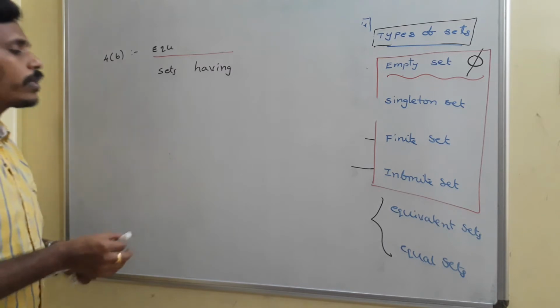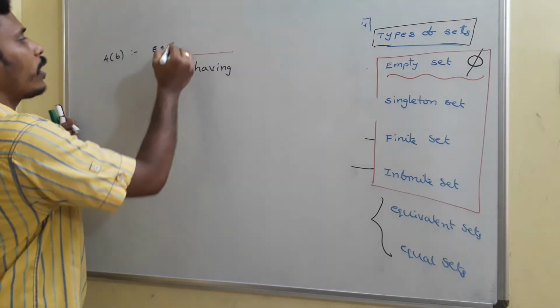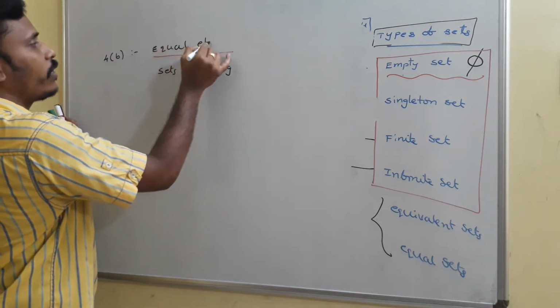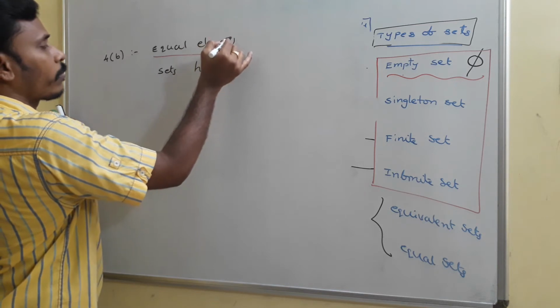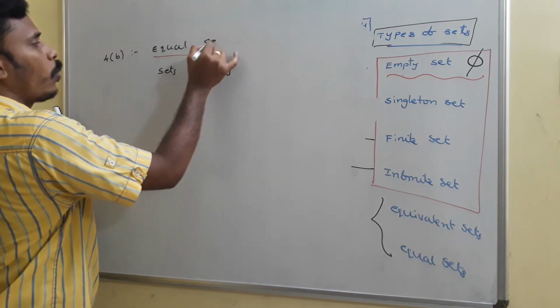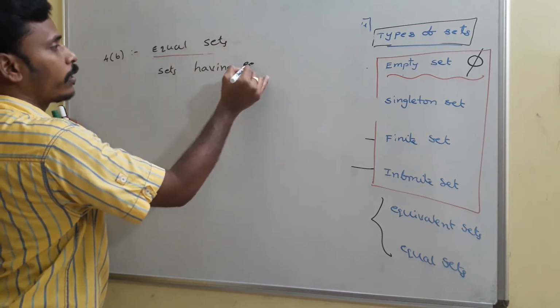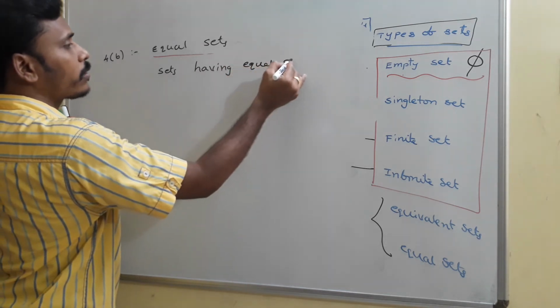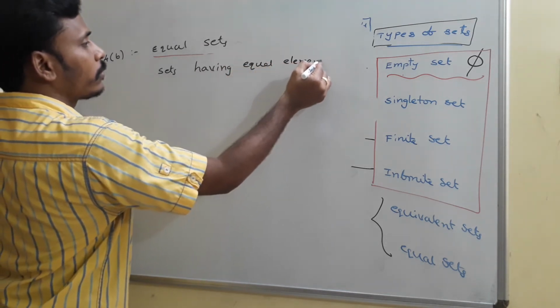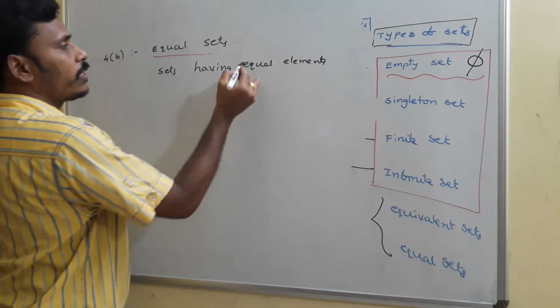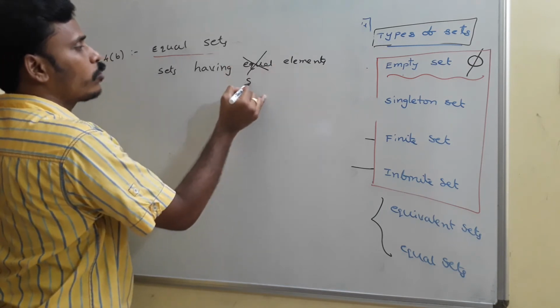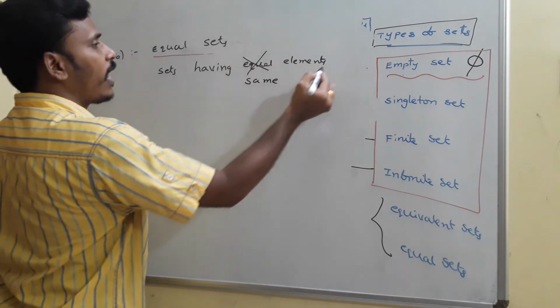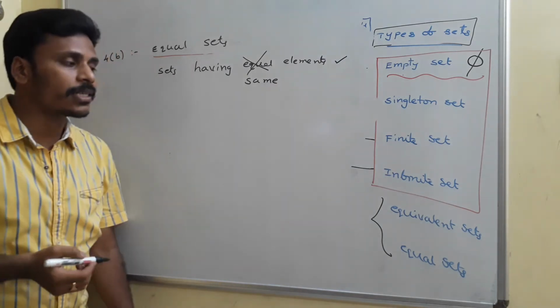For equal sets, if they have the same elements, then we call them equal sets.